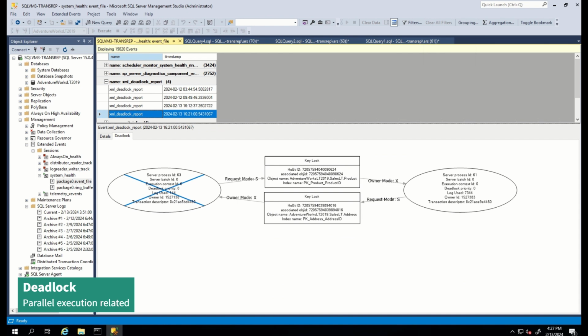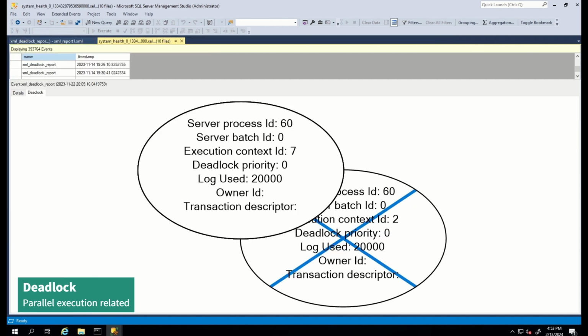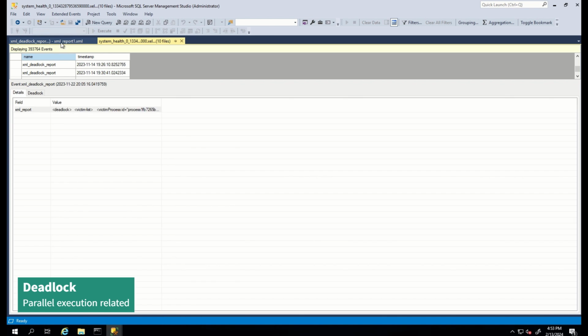Let me show you an example of that case. This is the example. As you can see, the deadlock is happening within only one process with process ID 60. If you want to check more, you can see details.